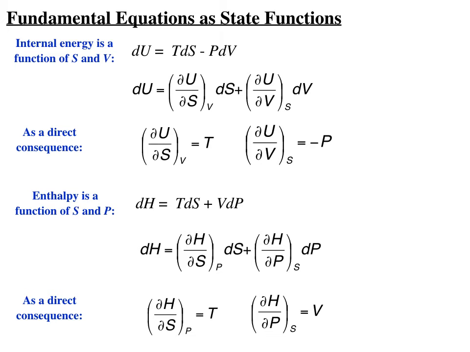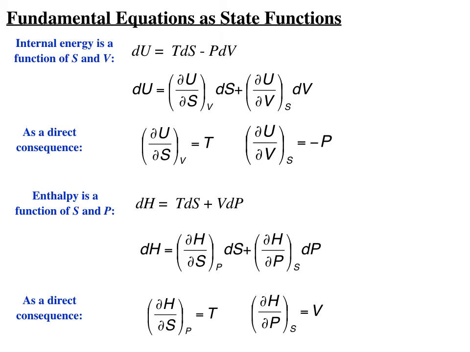Now, we can do the same kind of game for the fundamental equation of enthalpy. We begin with the fundamental equation, dH equals T dS plus V dP. I now state that H is a function of S and P, and H is an exact differential, so its increment of change should be how the enthalpy varies with entropy as long as I hold the second variable fixed, times the increment of change in that function entropy.